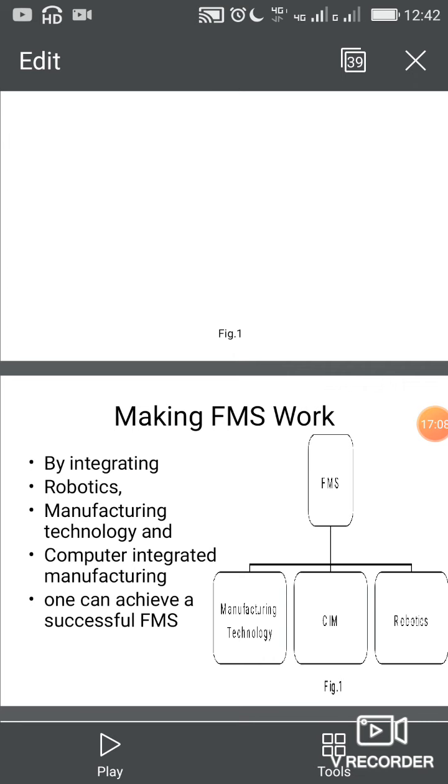Flexible automation is nothing but FMS, along with CNC machine distributors, computer control, and automated material handling and storage. All these are integrated in FMS, the latest advanced technology integrated into manufacturing systems.